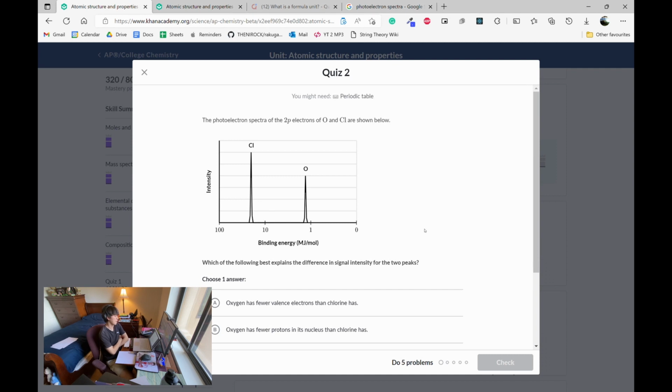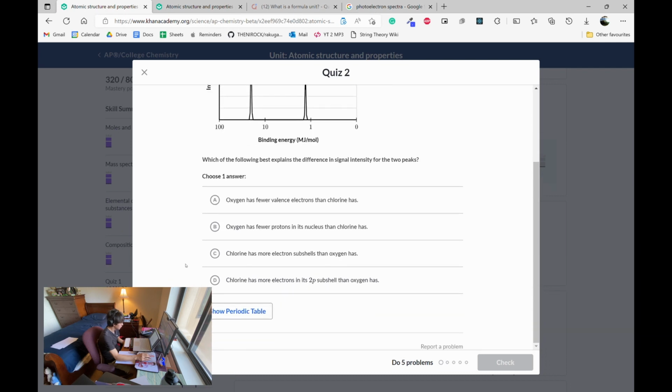So what's this trying to say? We've got intensity, binding energy correlating against intensity. Which of the following explains the difference in signal intensity for the 2 peaks? What is signal intensity? Oh, okay. Well, intensity is the vertical axis, so chlorine has more intensity than oxygen. So what does that mean?